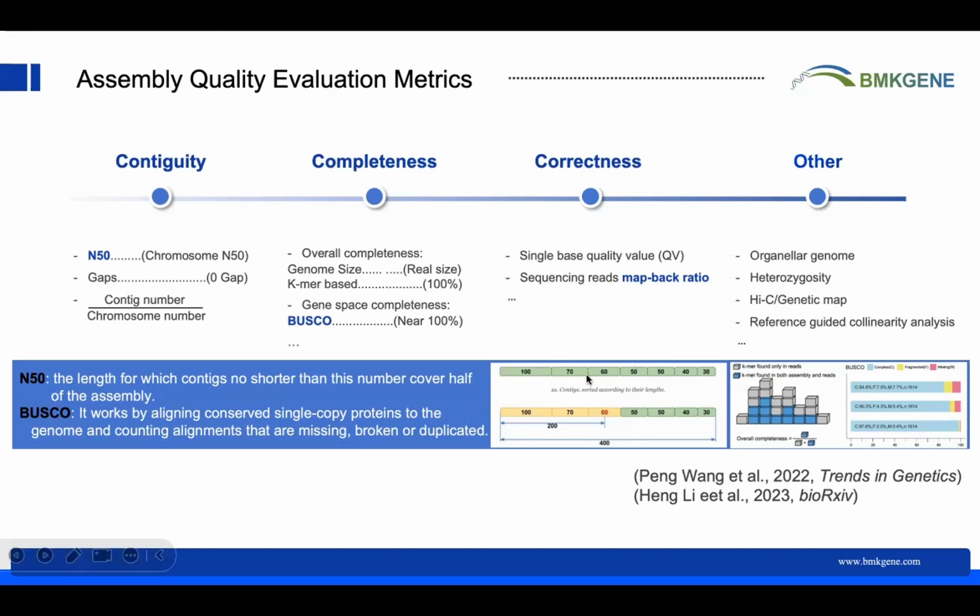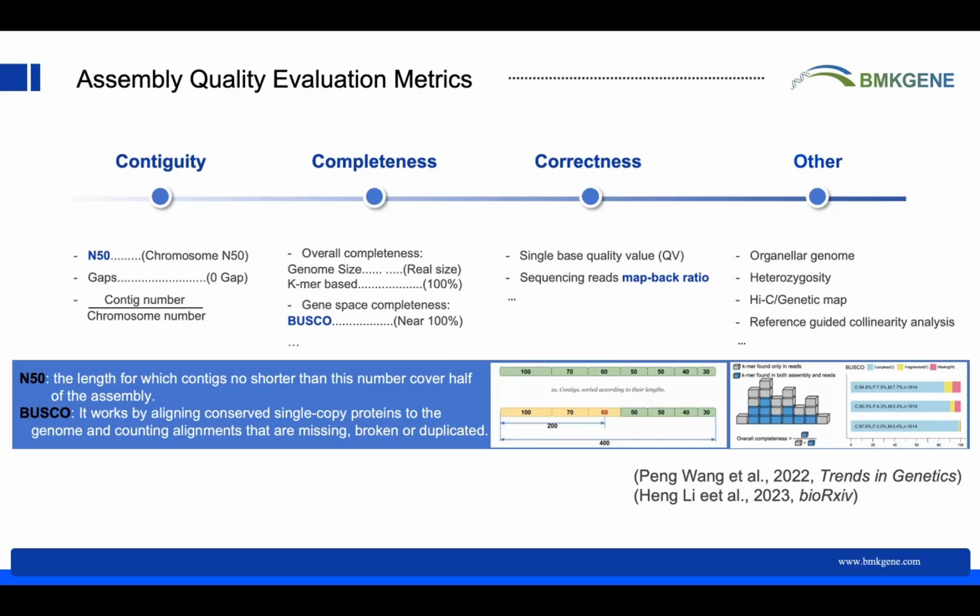Then we add the contigs from high to low, and when the total length reaches half of the total genome size, the length of this contig here will be the N50 value. It's an indicator to show the continuity of the assembled genome.